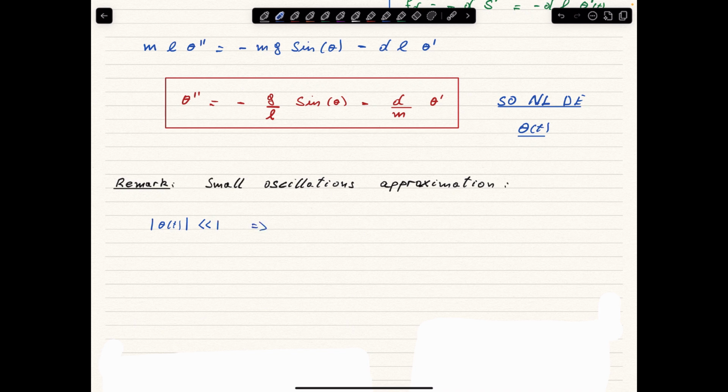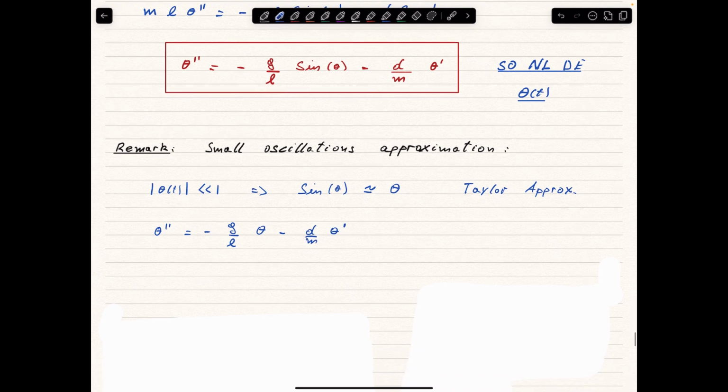And then what we can do is the Taylor approximation of the function sine of theta for theta small, and this is going to be approximately equal to theta. This is the first term in the Taylor approximation. So the equation now looks like theta double prime equals negative g over L multiplied by theta, minus d over m multiplied by theta prime.